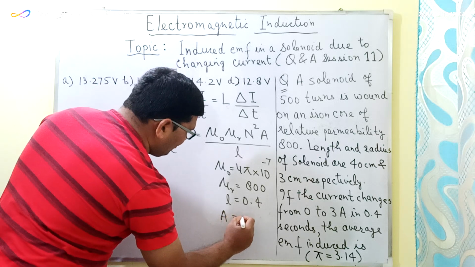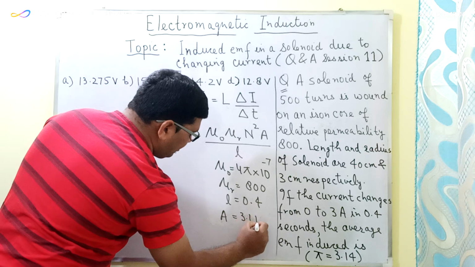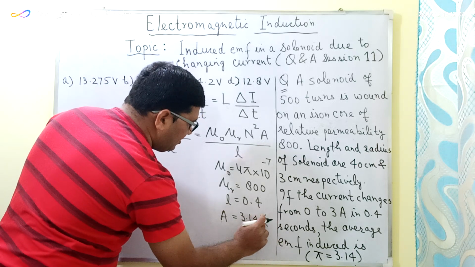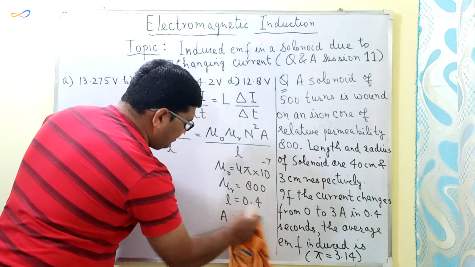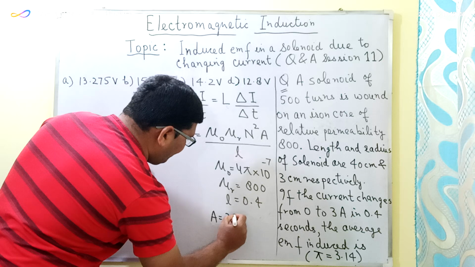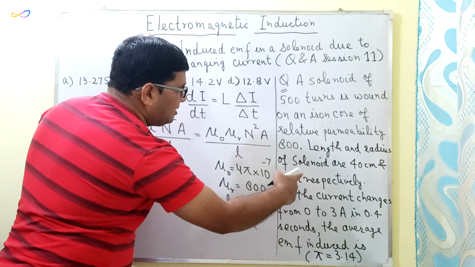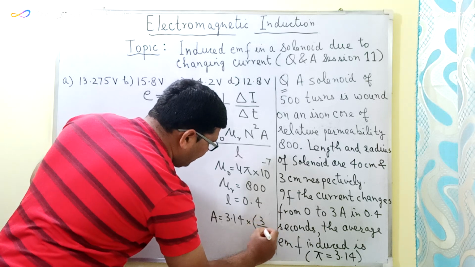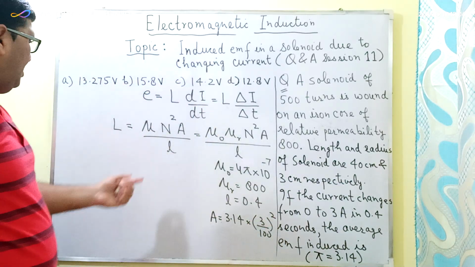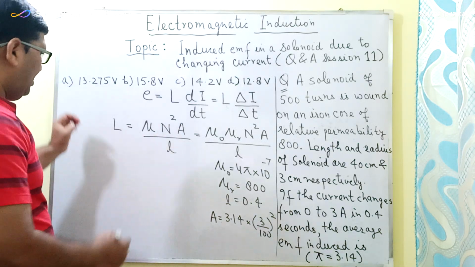So here the area of cross section will be A equal to pi r square, that is 3.14 into r, which is 3 centimeters, or 3 by 100, whole square. So from this formula we can find the self-inductance of the coil.